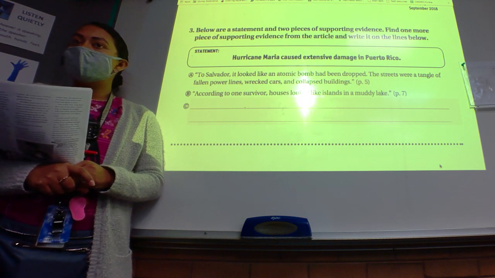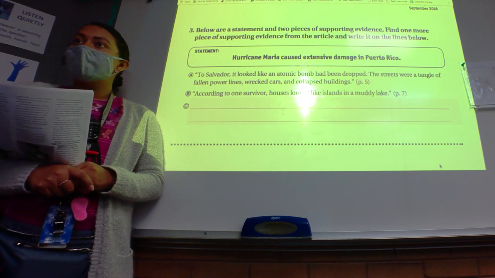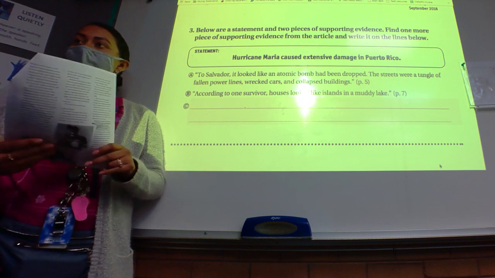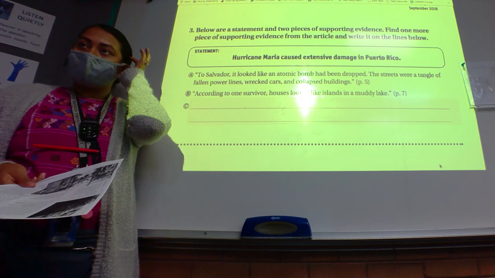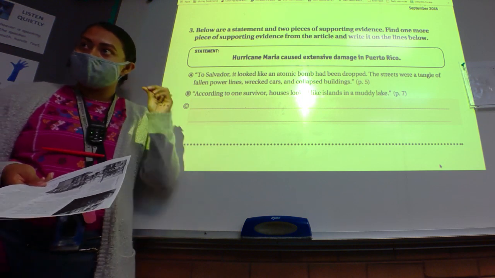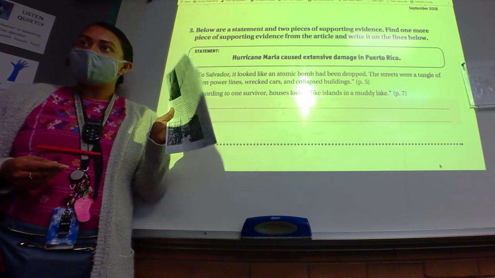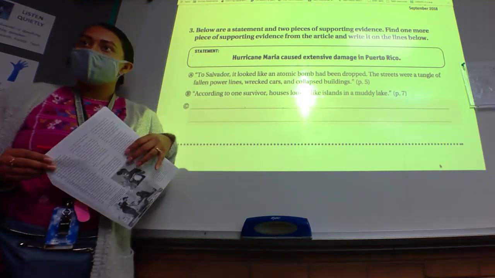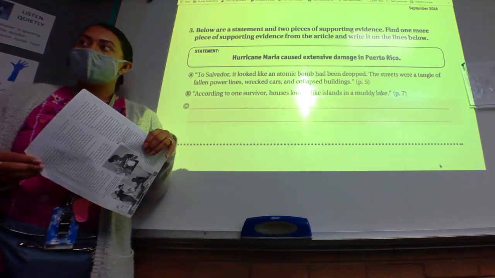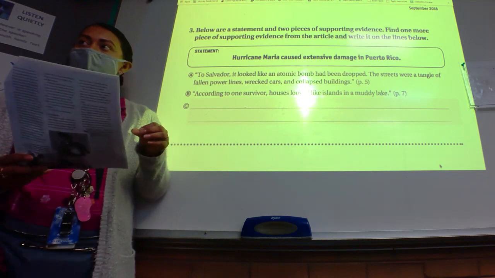Page 7. Thank you, Emma. Page 7, Sophie and Merle. Page 7. Thank you. Oh, that's okay.